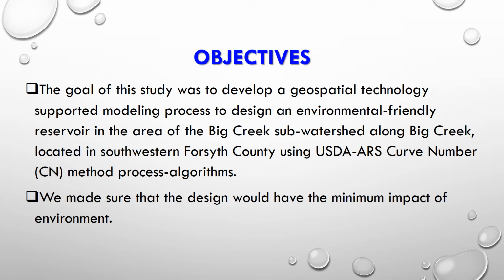That algorithm will be used to design this reservoir. Another objective was to make sure that the design would have minimum impact on the environment surrounding the urban or suburban center.